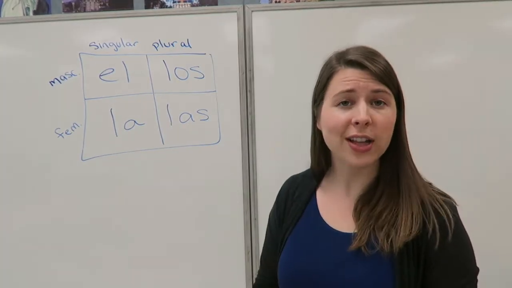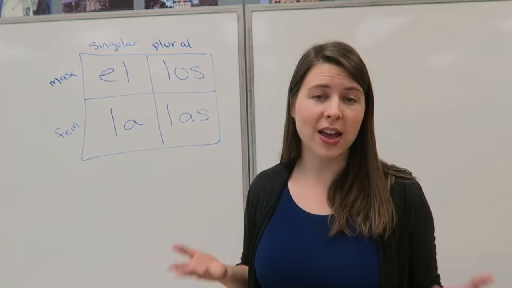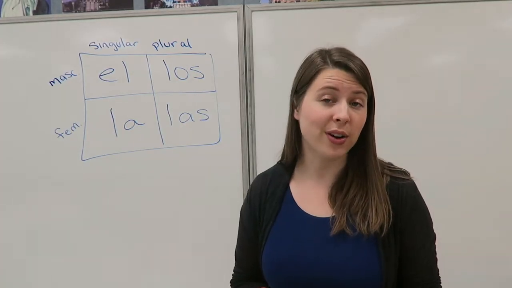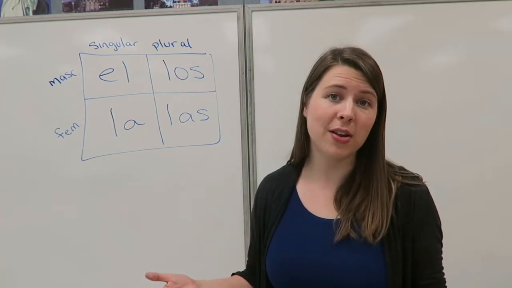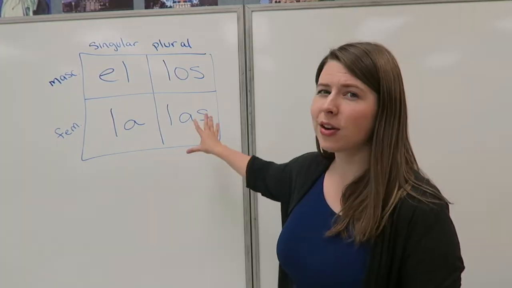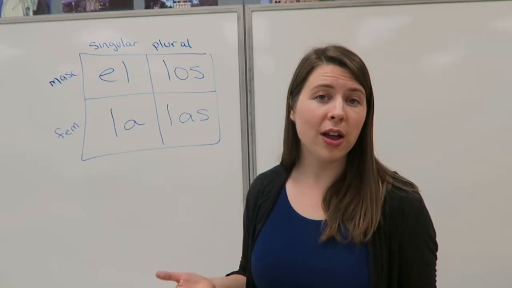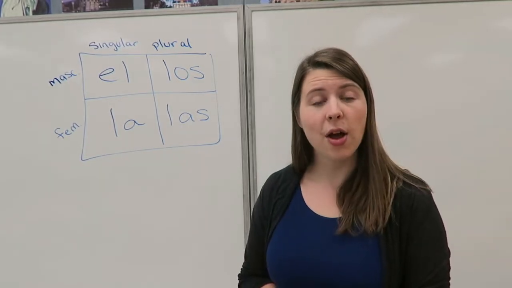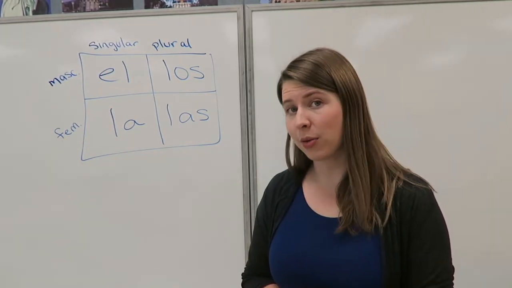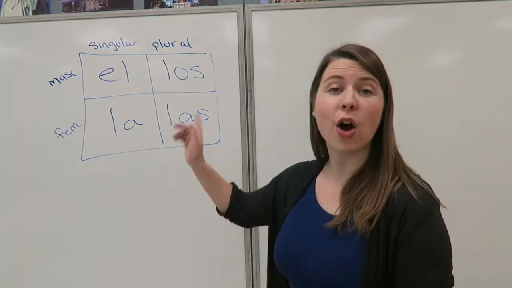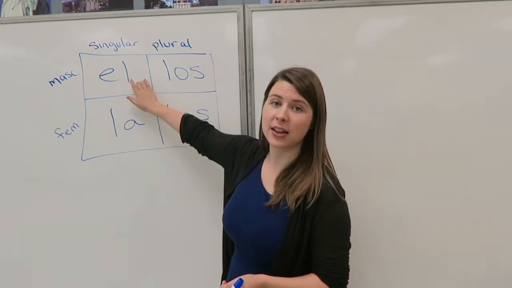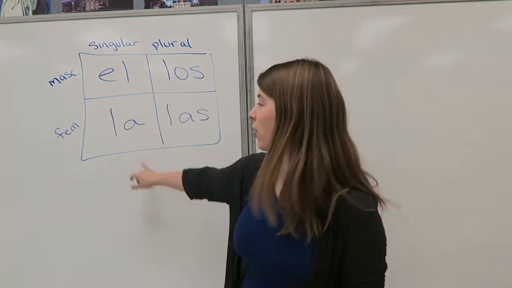Now that we have this chart, let's talk about some of the specific rules and types of words you can look for to help you determine what it's going to be, whether it will be a masculine, feminine, or singular or plural. So we already talked a little bit about how plural nouns are going to have an S at the end, but for masculine and feminine words, often, but not always, if the word ends in O, it's going to be masculine, and if the word ends in A, it's going to be feminine.